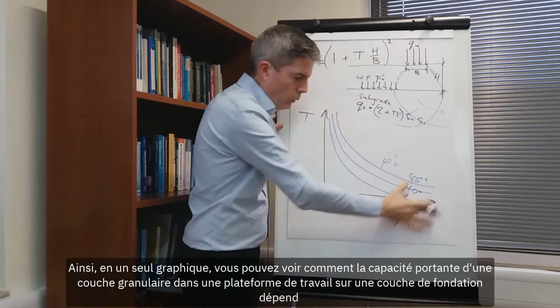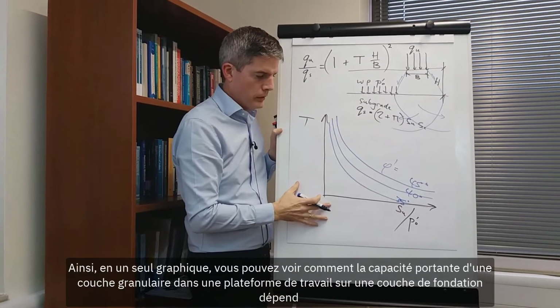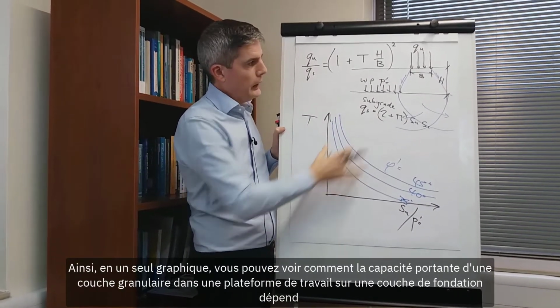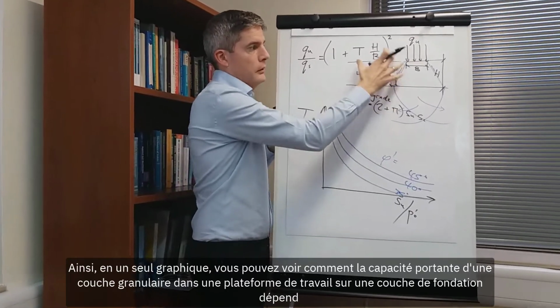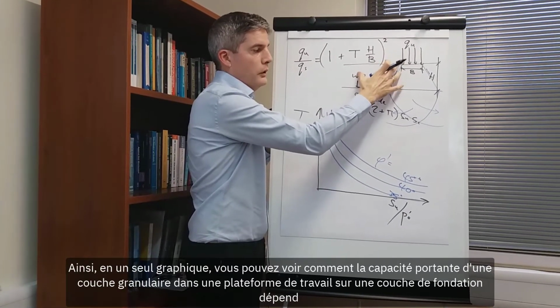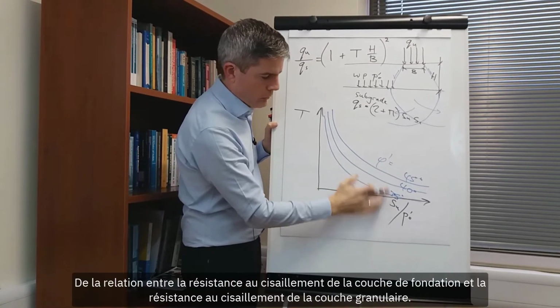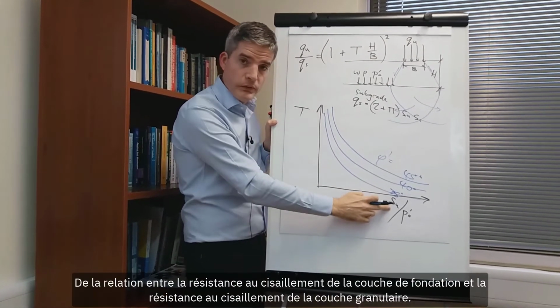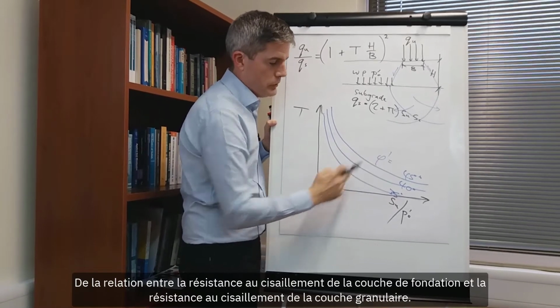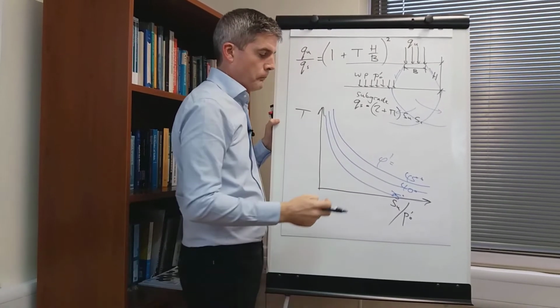So you see all in one chart how the bearing capacity of a granular layer in a working platform over a subgrade depends on the relationship between the shear strength of the subgrade and the shear strength of the granular layer.